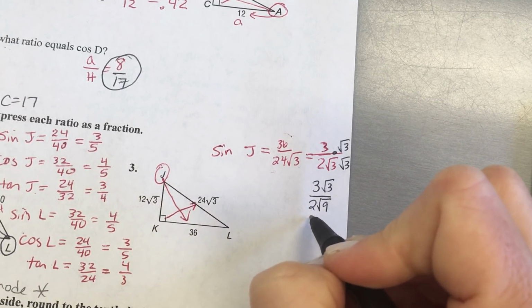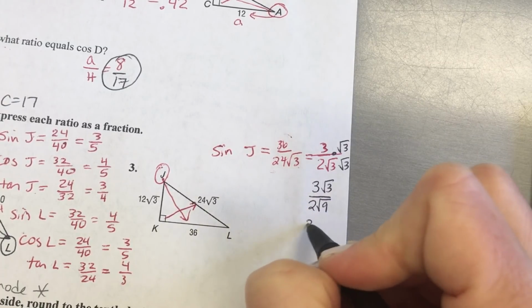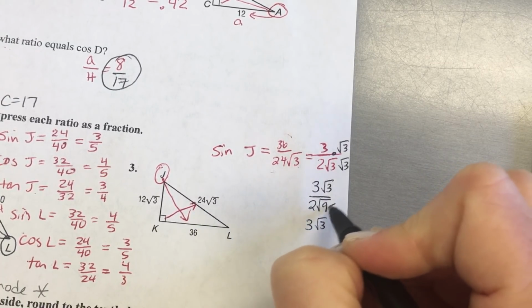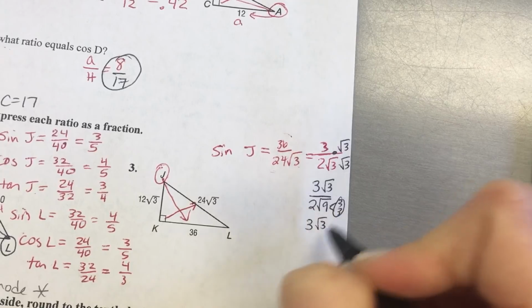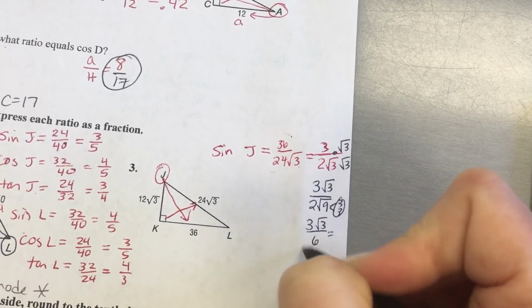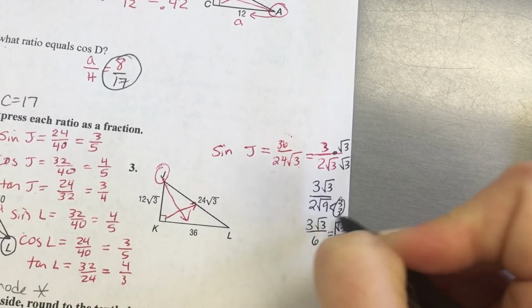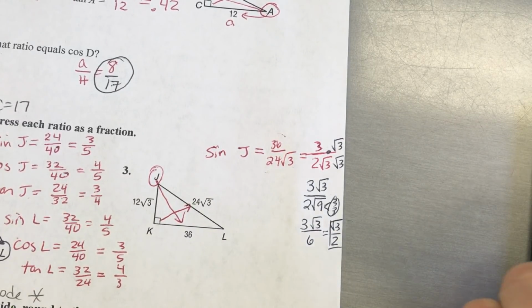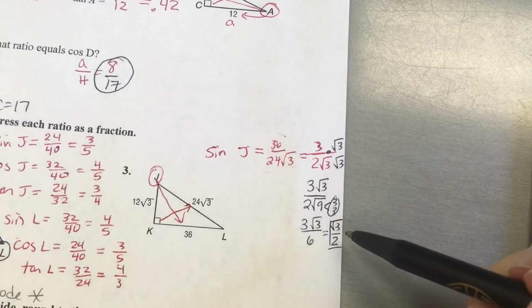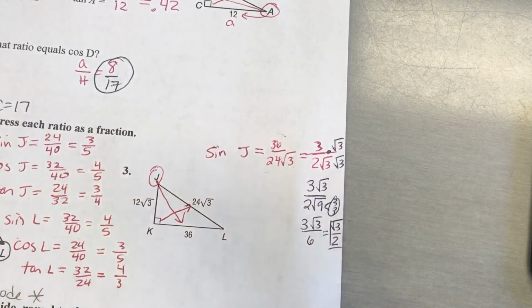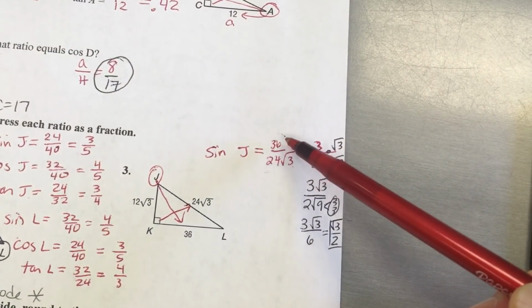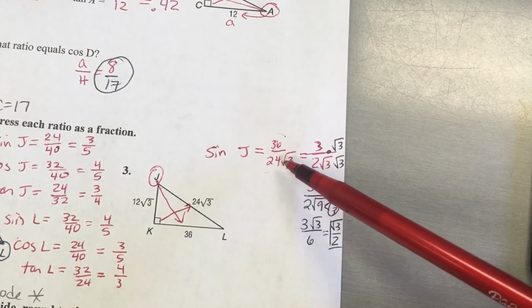So that gives you 3 root 3. And then this is 2 times 3, which is 6. And then that reduces again, so you get root 3 over 2. That's the technically correct answer in mathematics. But again, in this class, we are more going to be practicing opposite over hypotenuse.